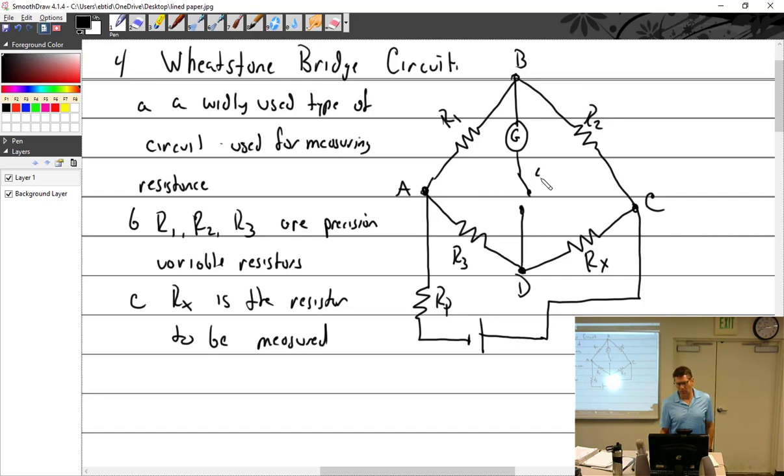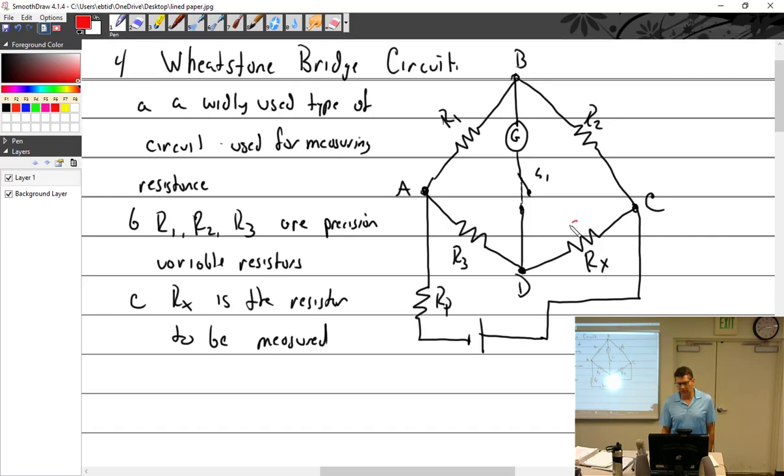This is S1, switch 1. Probably should have just left that out and drew it closed. R1, R2, and R3 are precision resistors. What is R of P? I don't even write that in there. My notes suck.